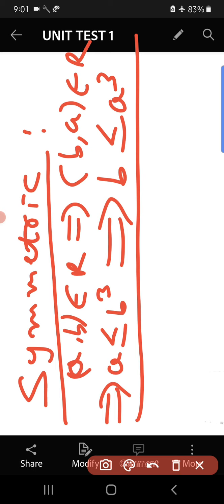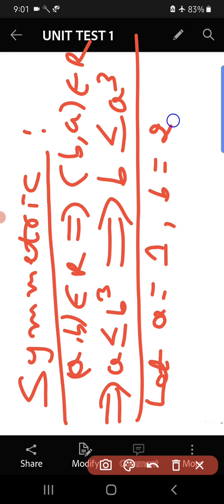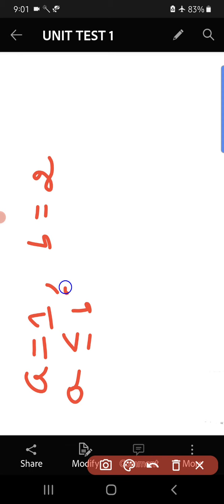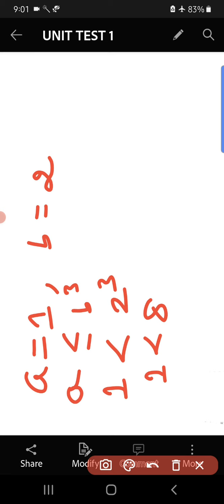So let us take two real numbers, a as 1, b as 2. Then I have to check a less than or equal to b cube. a means 1 less than b means 2 cube. 1 less than 8, it is true.